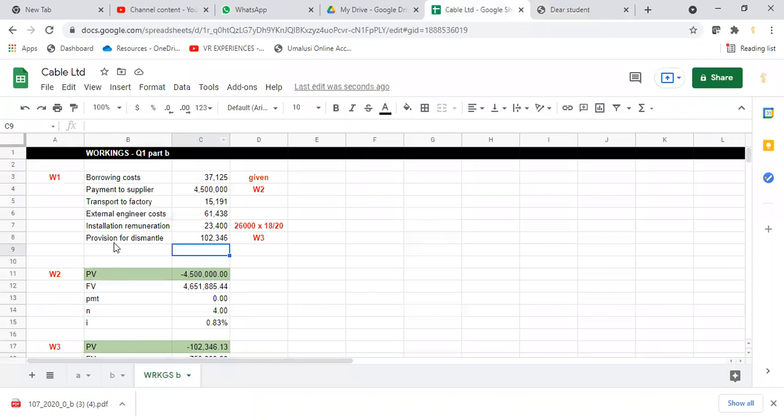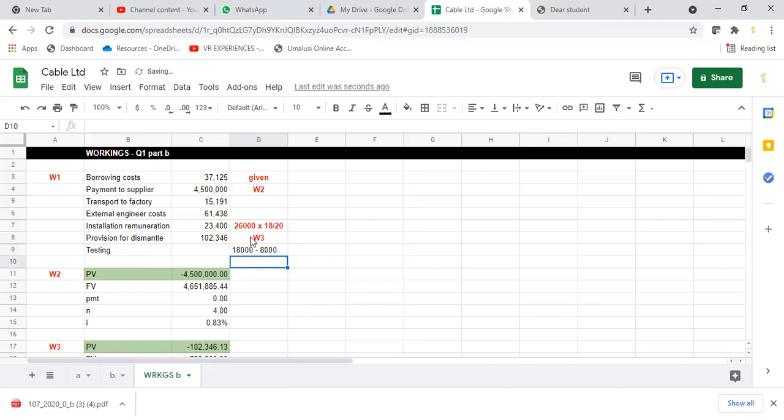So now here we're going to have testing. The testing is 18,000 Rand, but because we made some money off the testing, we must reduce the testing cost by the proceeds. As a result of the testing, we produced wire and sold it for 8,000.